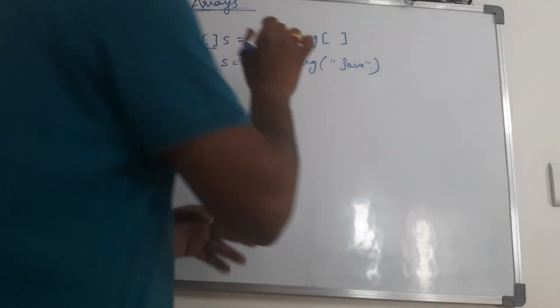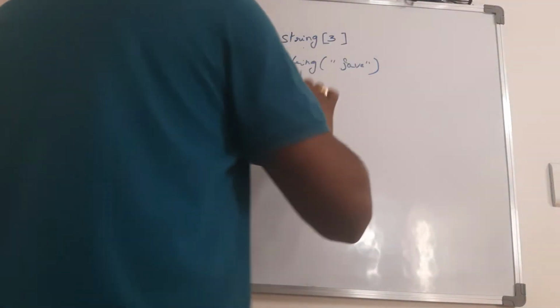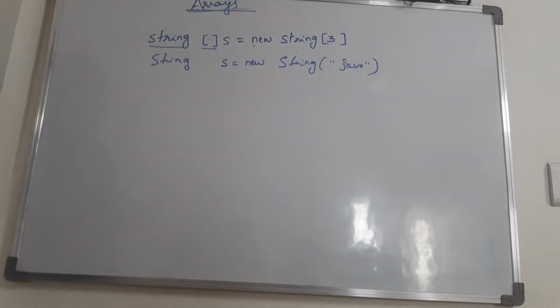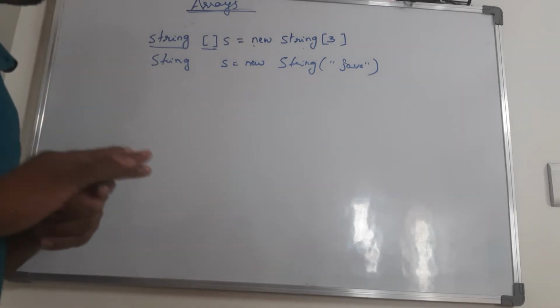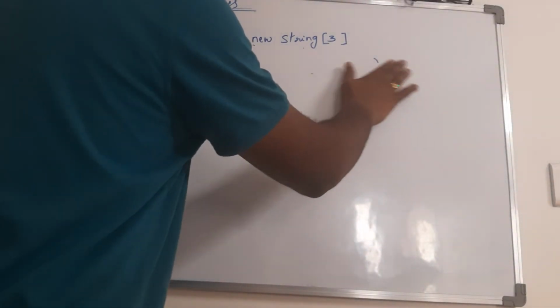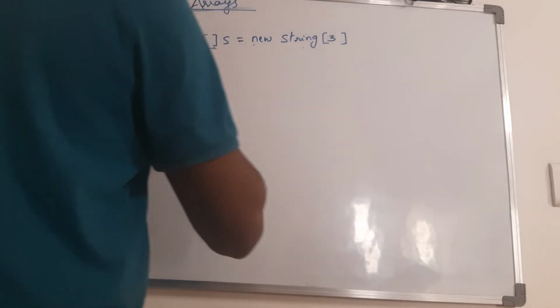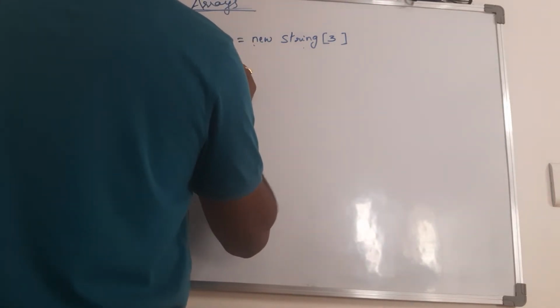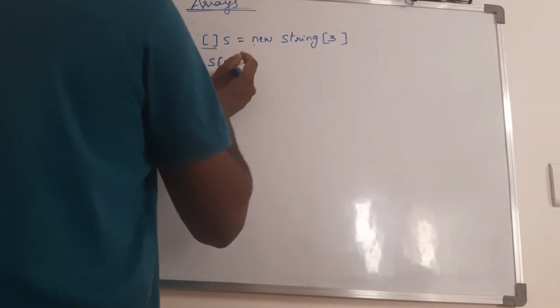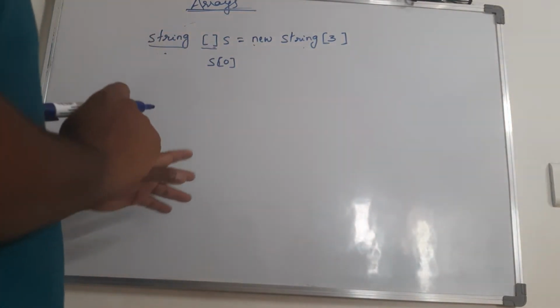I will give a 3. So I must insert only 3 values. I cannot insert the 4th value. Okay. Now I will try to add s of 0. So we used to call it s of 0, right?